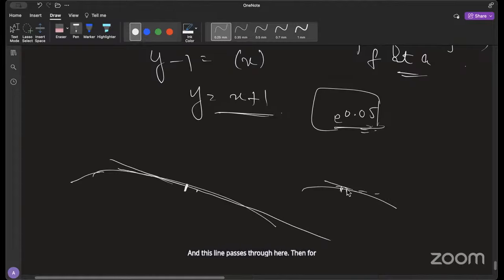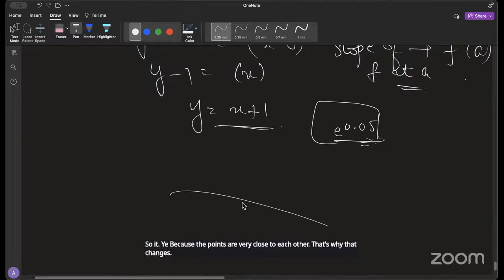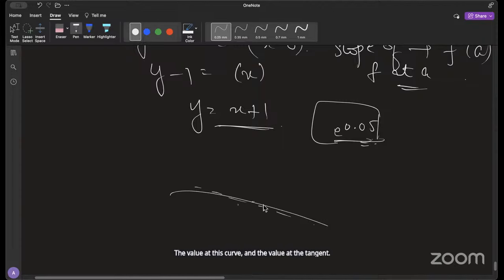Then for points very close to that point, the curve's value and the tangent's value will be very close, so you can approximate it, because the points are very close to each other.